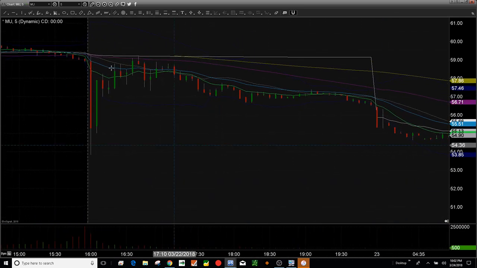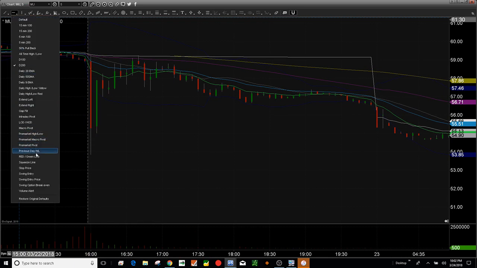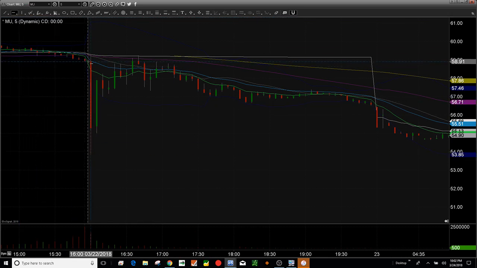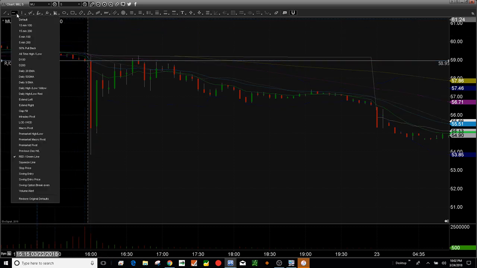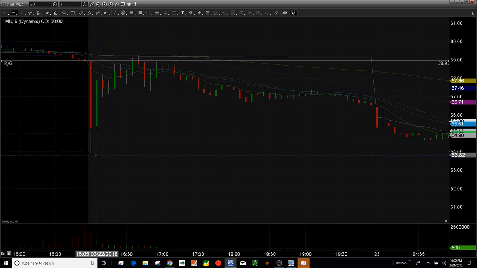So the first level I'd like to draw from the very beginning would be the red to green. I want to know where this closed. Okay, that's where it closed. Then I'd like to draw the pre-market high and low. There is the low so far right there. There's the high, which is right about here.